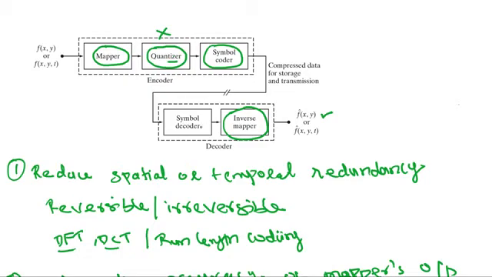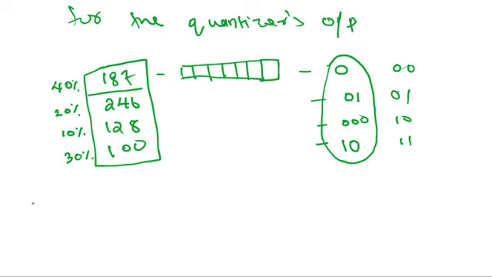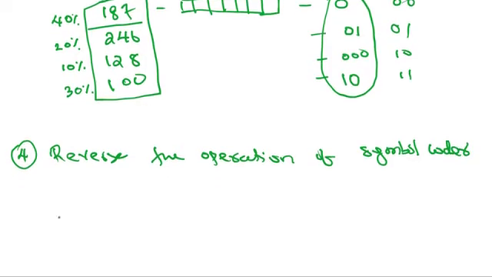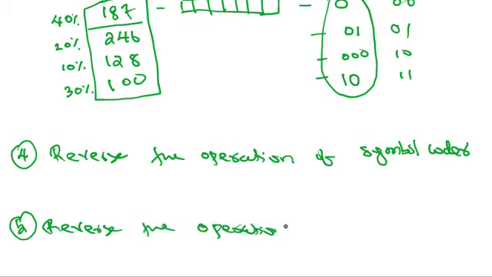So the symbol decoder reverses the operation of the symbol coder, and the inverse mapper reverses the operation of the mapper.